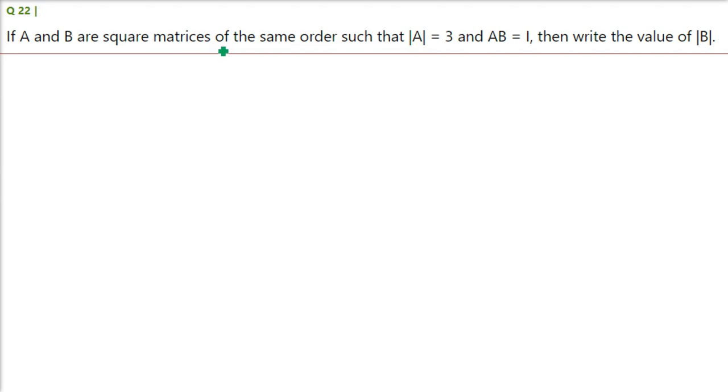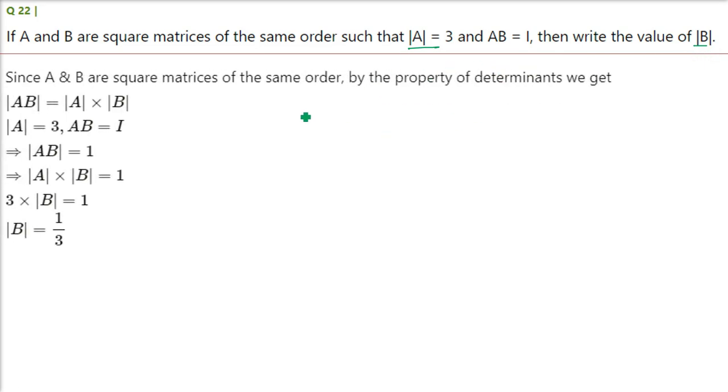If A and B are square matrices of the same order, such that the determinant of A is 3 and AB equals I, then write the value of determinant B. Okay, so we'll apply the same property.